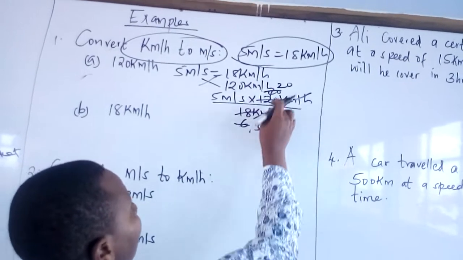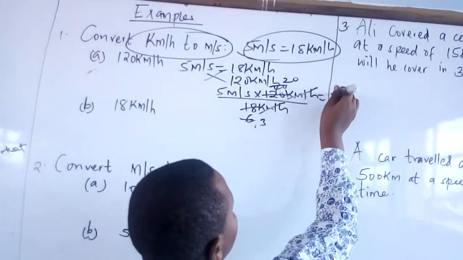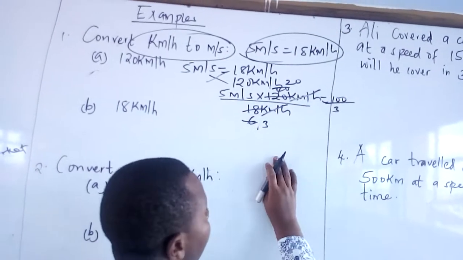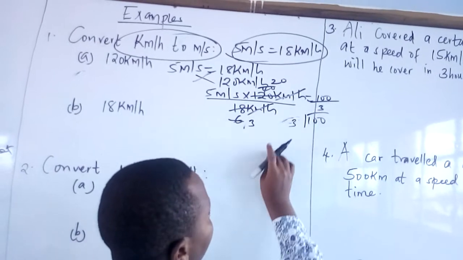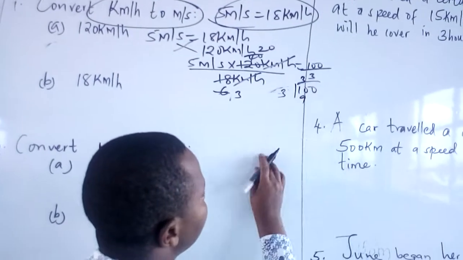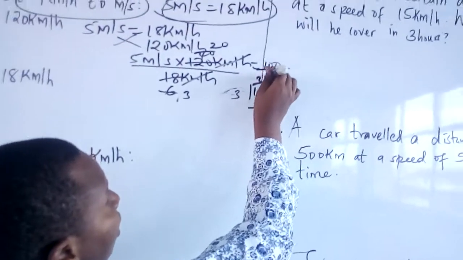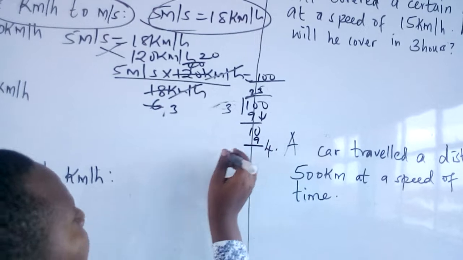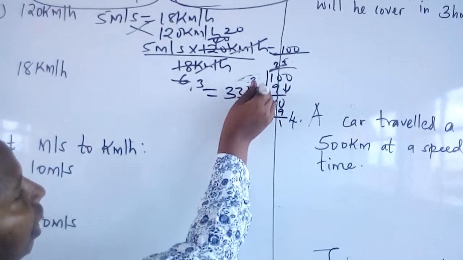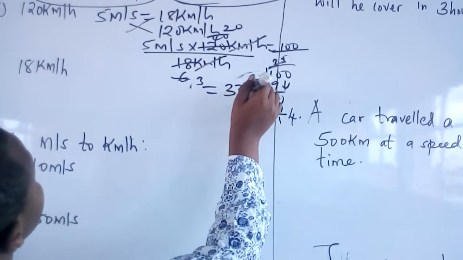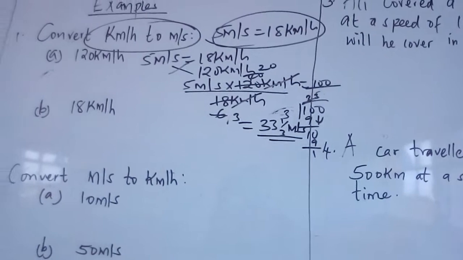And because 3 cannot divide 20 and 3 cannot divide 5, you can multiply to get 100 over 3. So how many 3's are there? It's 100 divided by 3. It will be 3 because of 9, divide by 1, drop 0, then 3 because of 9. So the answer there is 33 and a third meters per second.